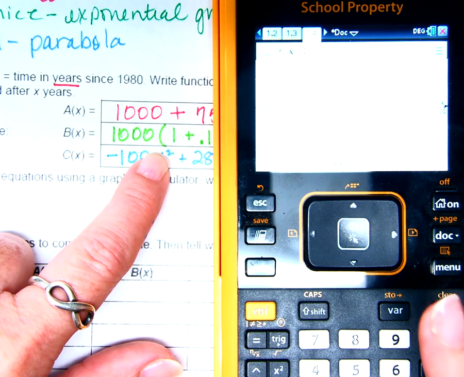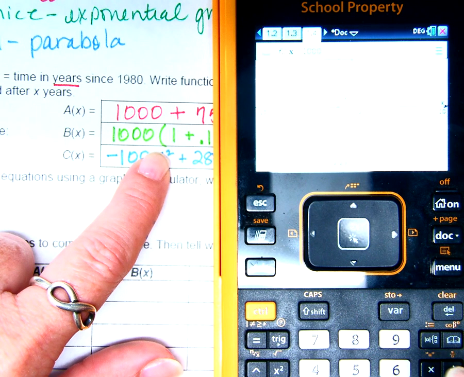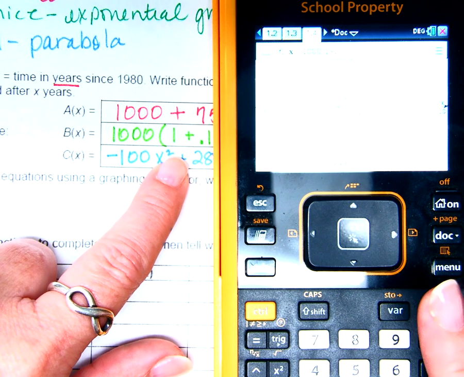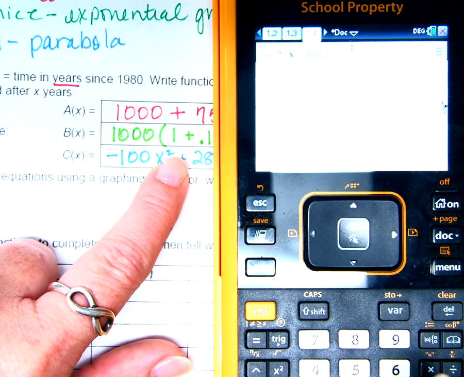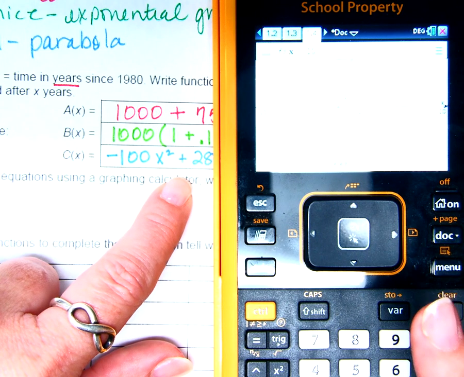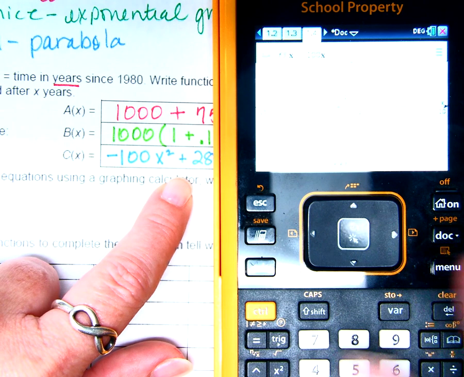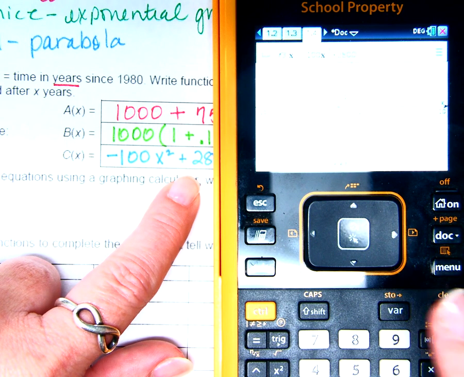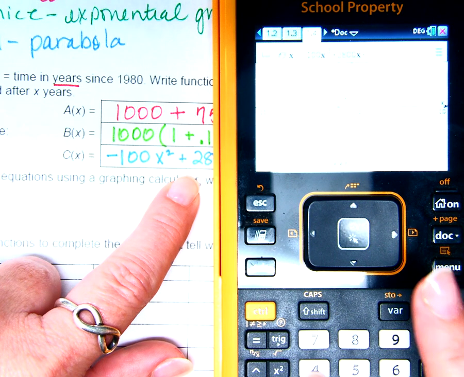Tab, 1,000 times 1 plus 0.12 raised to the x. And then tab, negative 100 x squared plus 2,800 x plus 1,000.